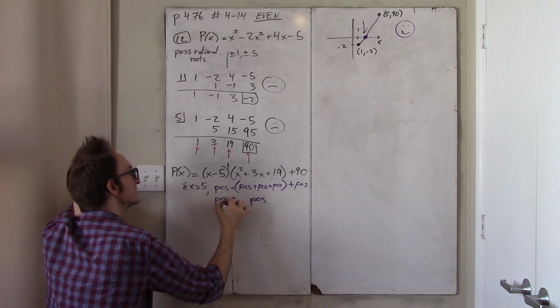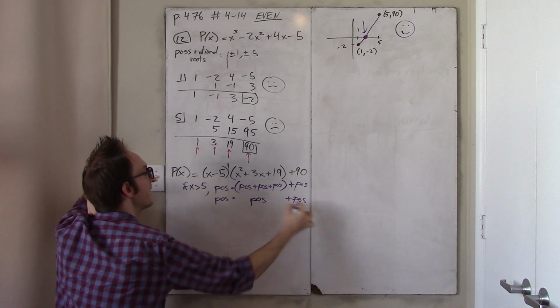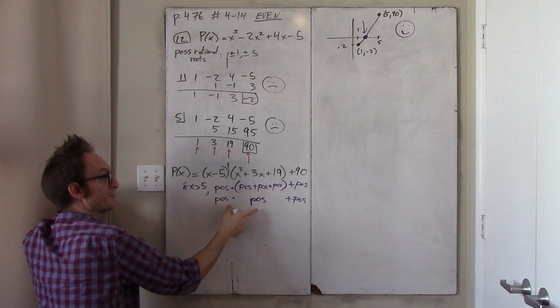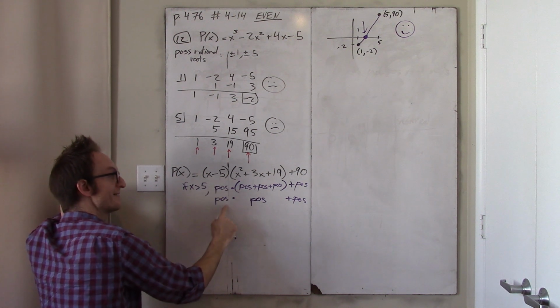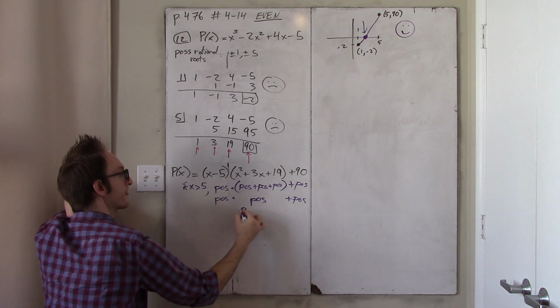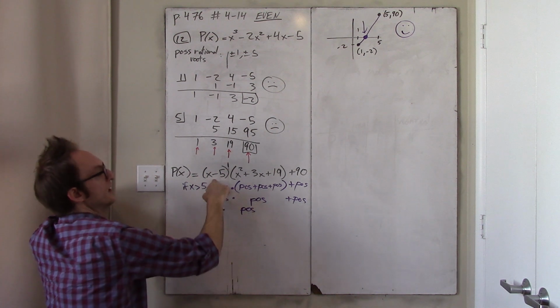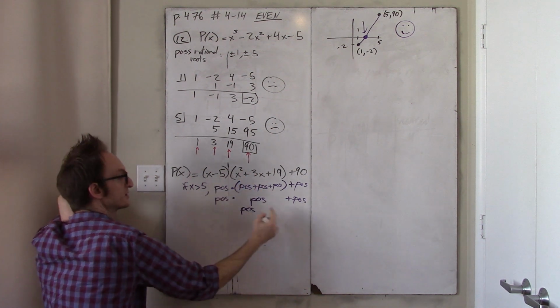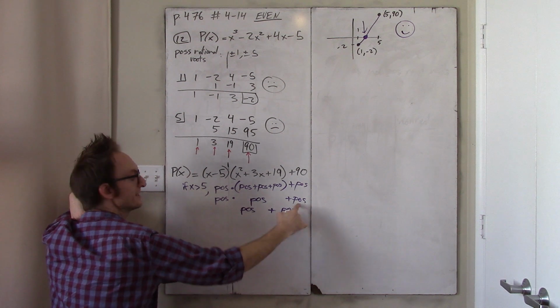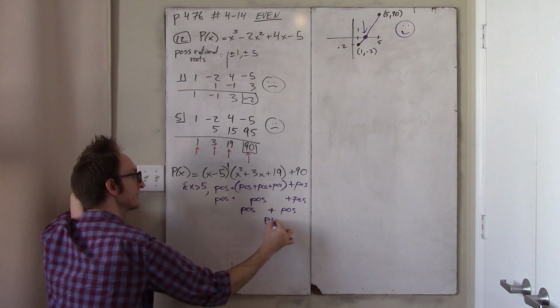And if the entire quotient is positive, and the divisor is positive as well for x bigger than 5, then the divisor times the quotient will be positive, and if the remainder is positive also, then this whole thing becomes positive.